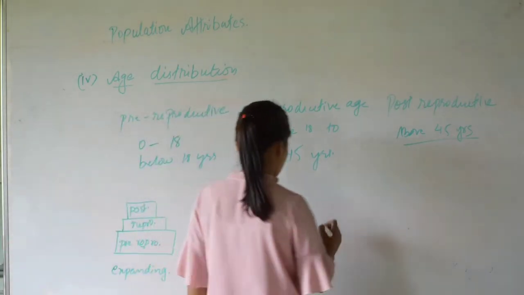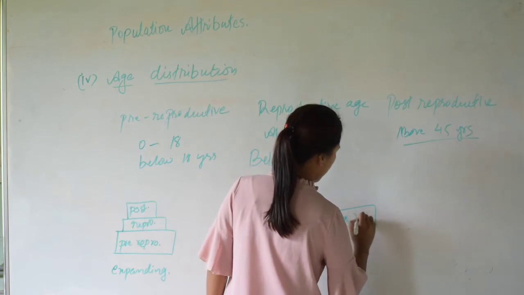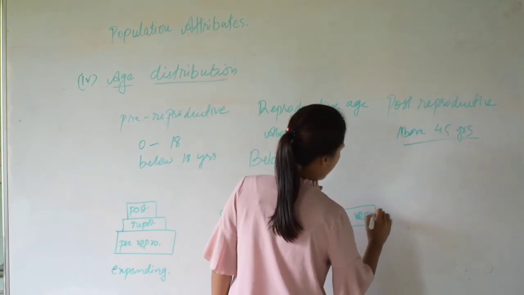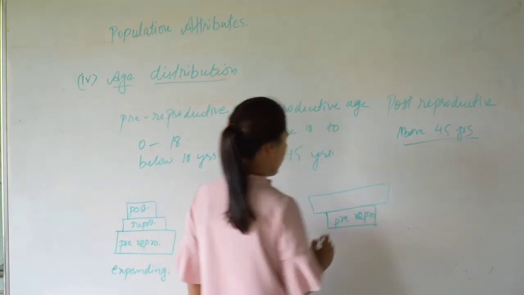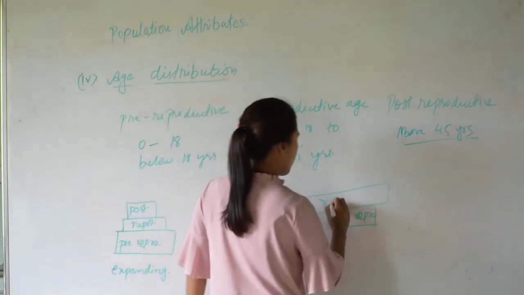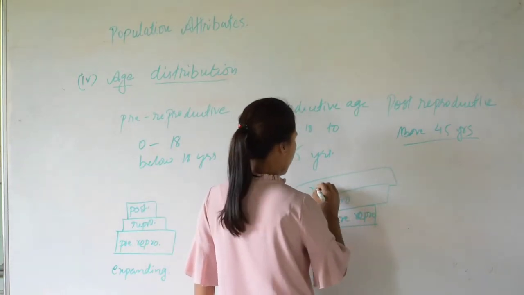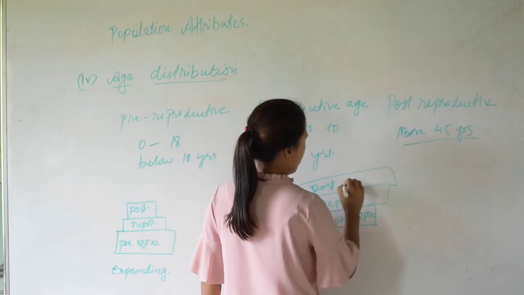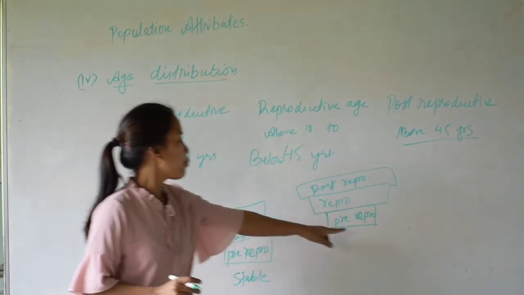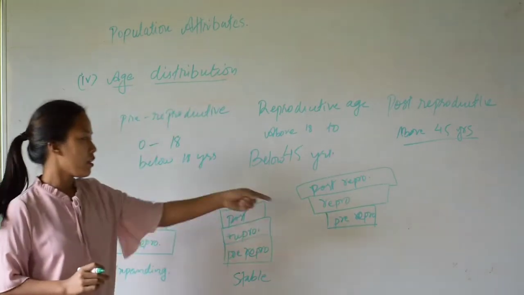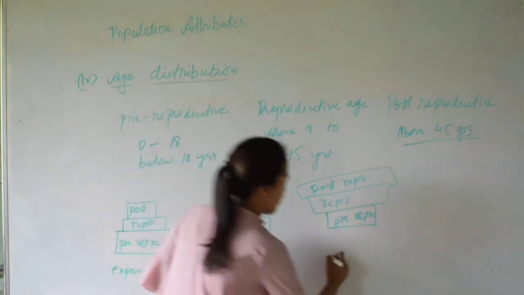And in the third case, suppose this is the pre-reproductive age group, and if the reproductive and post-reproductive age group is more than the pre-reproductive, then in this case the population growth will be declining.